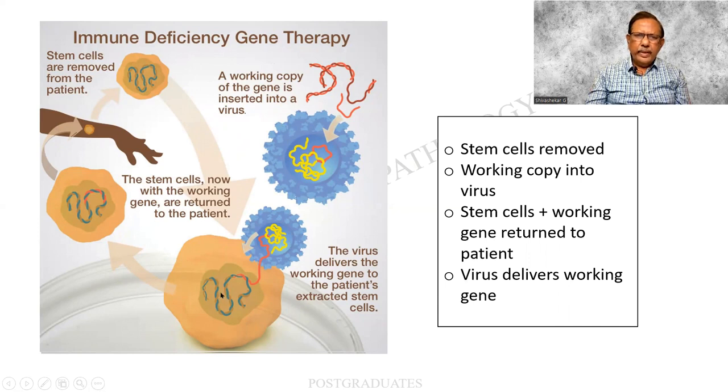Once it is there, now what happens is it goes and produces the stem cells and these are again returned to the patients. You are introducing a kind of a viral infection, almost like a vaccination. You are allowing the patient to create the stem cells against the virus and now this is being used as a form of therapy in immune deficiency states. In AIDS, this has been attempted. The same thing I have mentioned in the box. Kindly go through this.